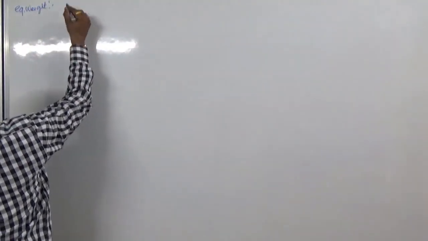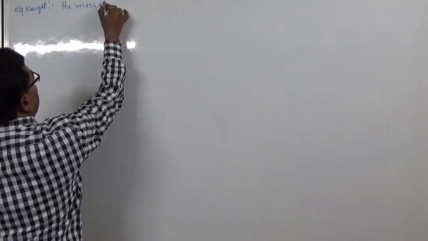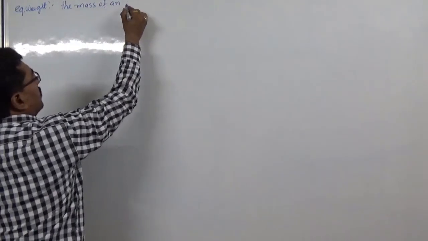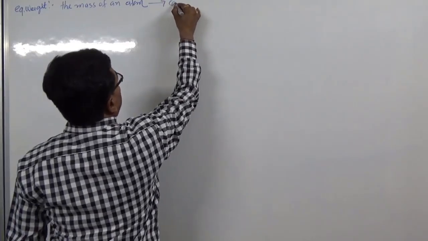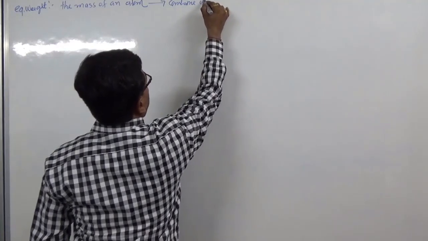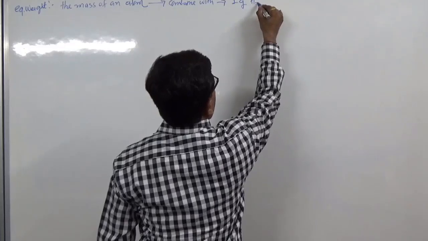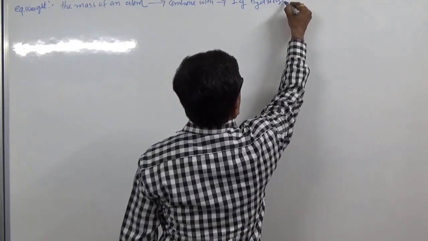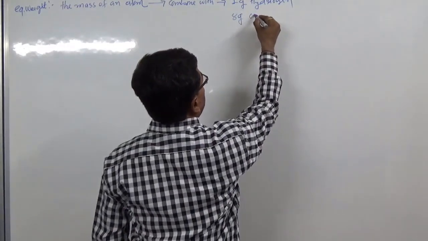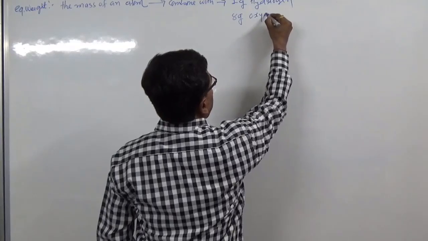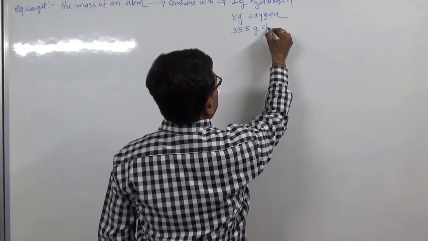Equivalent weight means the mass of a compound or an element, or we can say the mass of an atom or element that can combine with 1 gram of hydrogen, or it can combine with 8 grams of oxygen, or it can combine with 35.5 grams of chlorine.